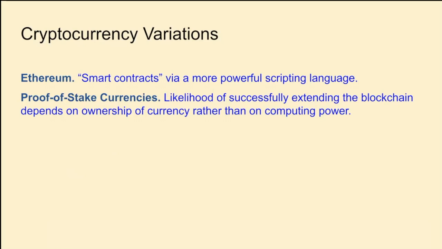Ethereum has a much more powerful scripting language, which allows them to sell themselves as a way of doing what they call smart contracts, so that you can actually write scripts that enforce arbitrarily complicated contracts between two parties. Whereas with Bitcoin you typically say things like, I will transfer this amount of Bitcoin to somebody else, as long as they can prove with their signature that they are in fact Bob.